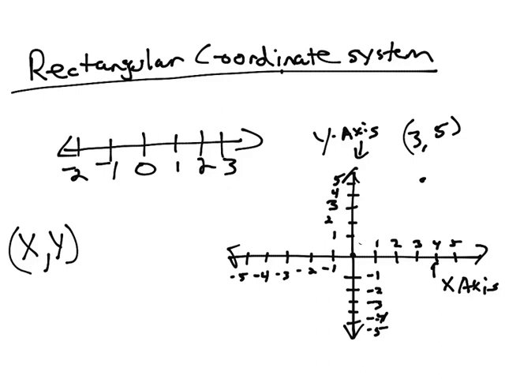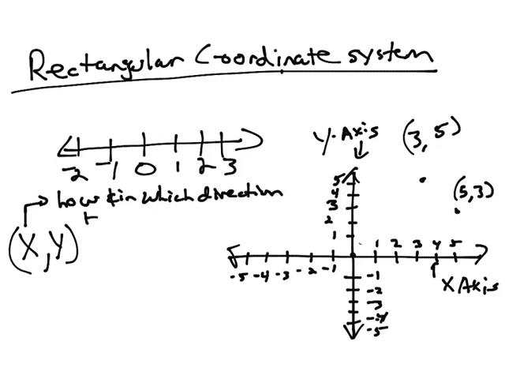And all your addresses over here, like this one 3, 5, or this one 5, 3, are always the x-coordinate, comma, the y-coordinate. The first number, which we call the x-coordinate, tells us how far and in which direction to move horizontally.